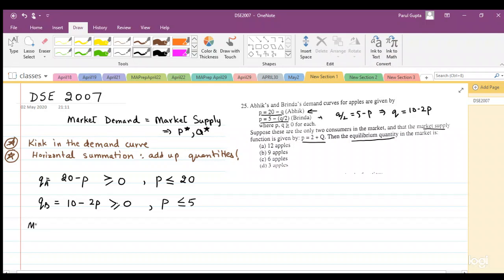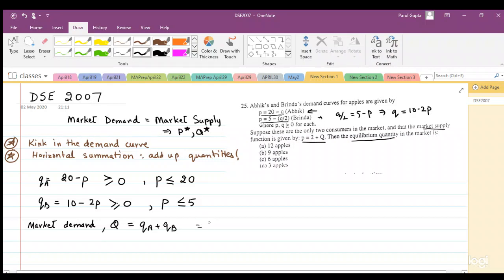So for the market demand curve, let's call it capital Q, we want QA plus QB. However, note that we can add the two demand curves only where both the demand curves exist. The two demand curves exist only for P less than or equal to 5. For P greater than or equal to 5 and less than 20, only the first demand curve exists.